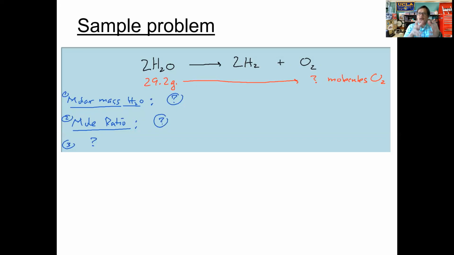And we're trying to analyze how much of one component of a reaction we need if we change the amounts of another component of that particular reaction. So that's the essence of stoichiometry, an examination of quantities involved in a chemical reaction.